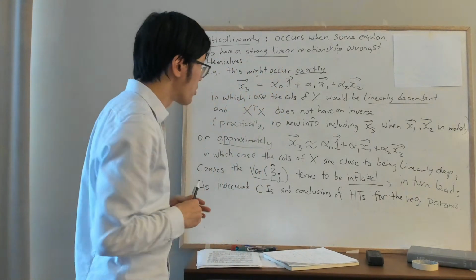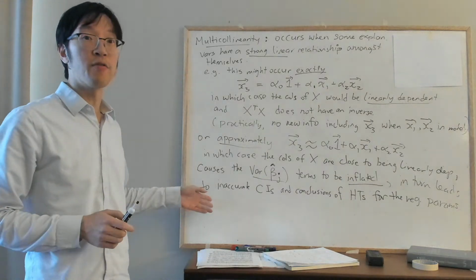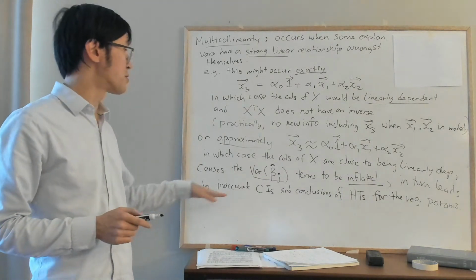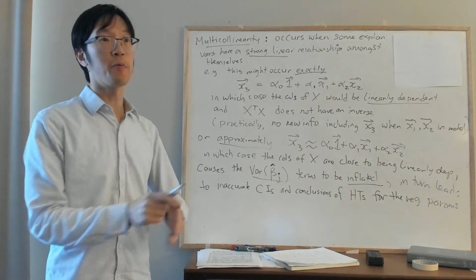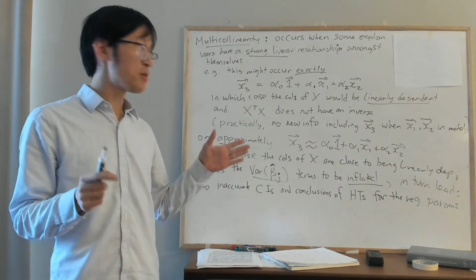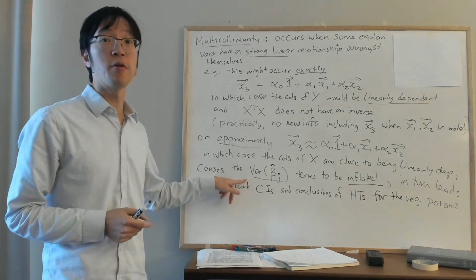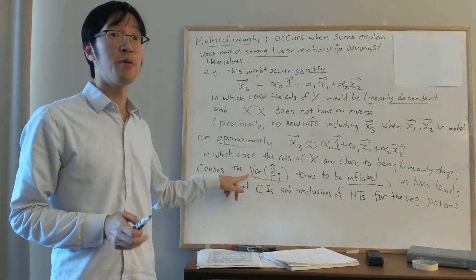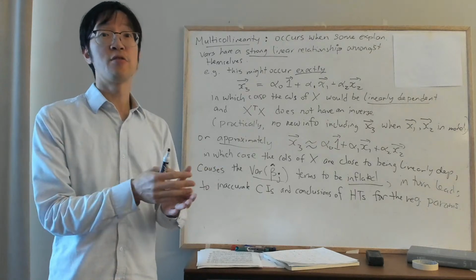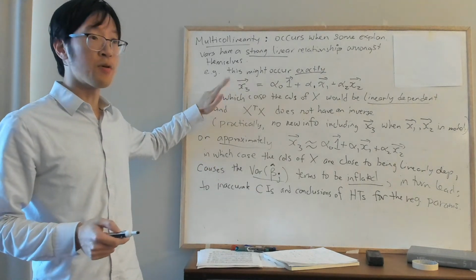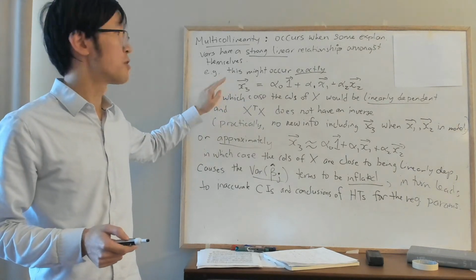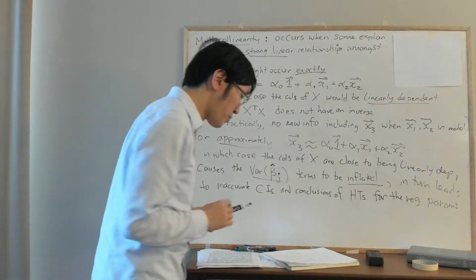In fact, one sign of multicollinearity is if, for example, we add some variables to the model, or take some away, and we notice that the estimated variances, so the standard errors of our parameter estimates, change drastically. Then that's a sign that some of these predictors are quite linearly related to each other.